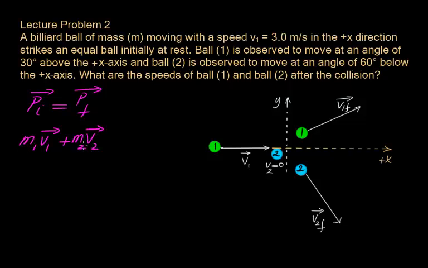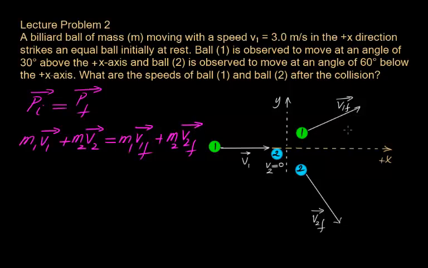Remember that mass 1 and mass 2 are equal. After the collision, the two balls do not stick together. Therefore, m1 has its own velocity v1 final and m2 has its velocity v2 final.